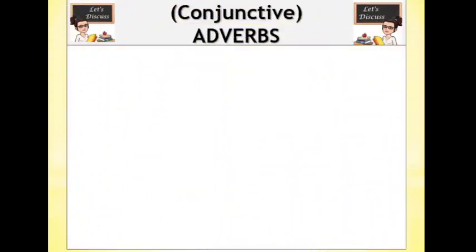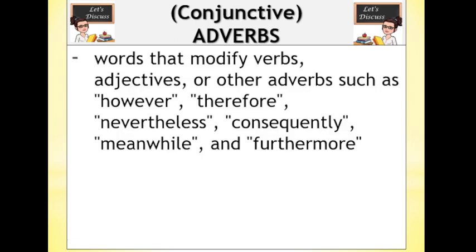The next type of transitional device that we're going to discuss are the adverbs. Take note that we're not talking about simple adverbs here, but we're talking about conjunctive adverbs. So what are conjunctive adverbs? Basically, we know that words that modify verbs, adjectives, or other adverbs are called adverbs. But words like however, therefore, nevertheless, consequently, meanwhile, and furthermore are conjunctive adverbs.